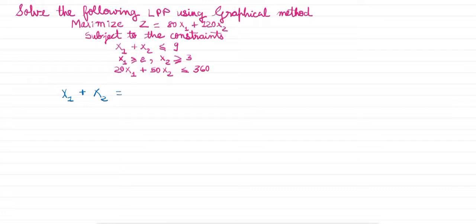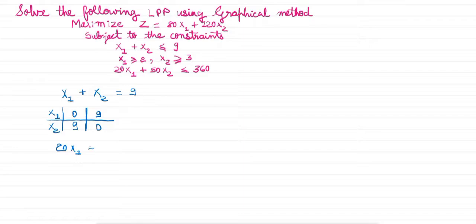So here we'll solve our first constraint, and for that we'll find the values of x1 and x2, which is x1 plus x2 is equal to 9. So if I take x1 as 0, then I'll get x2 as 9, and if I take x1 as 9, then we'll get x2 as 0.